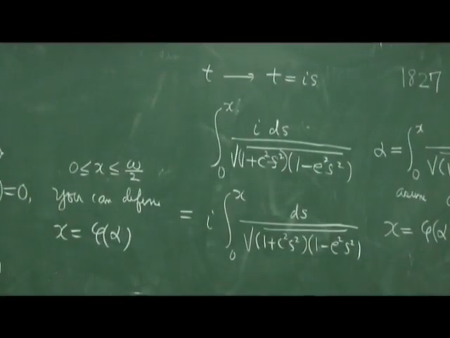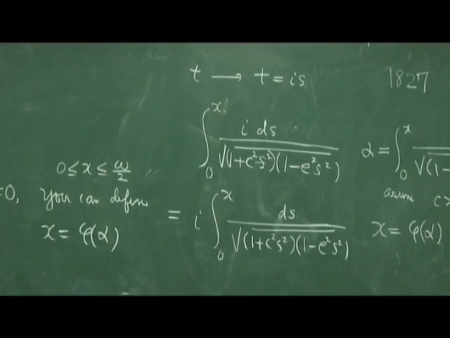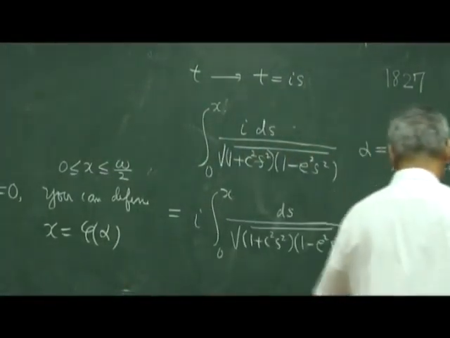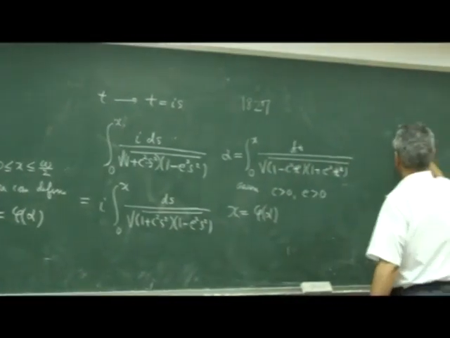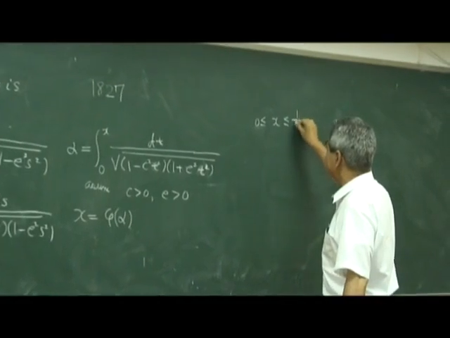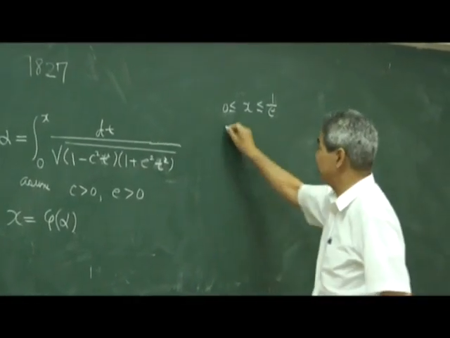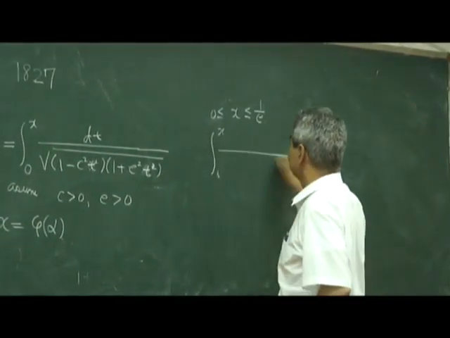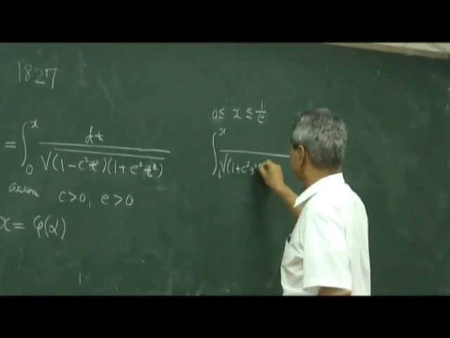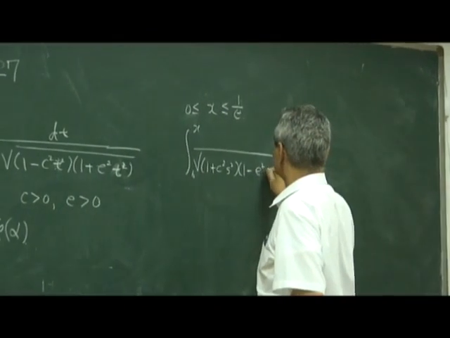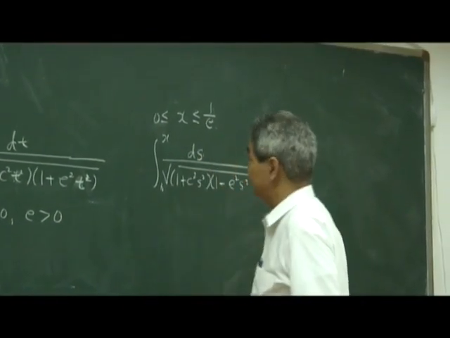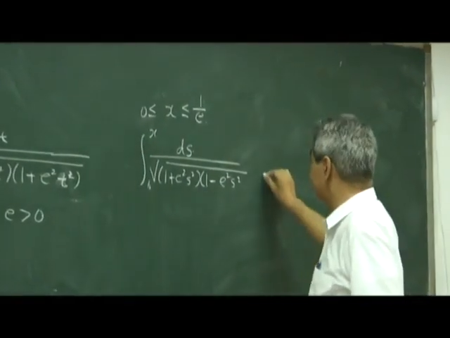So this is a purely imaginary number you get. And again, if x goes from 0 to 1 over e, this integral is again monotone increasing.